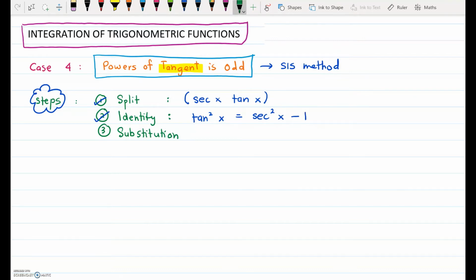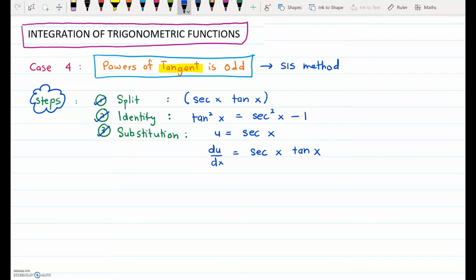Then for the third one, we have substitution. What do we need to substitute with u? Yes, we need to let u equal secant x. Which means it will be the opposite of your case, right? So when you differentiate u, you will get du/dx equals secant x tangent x.